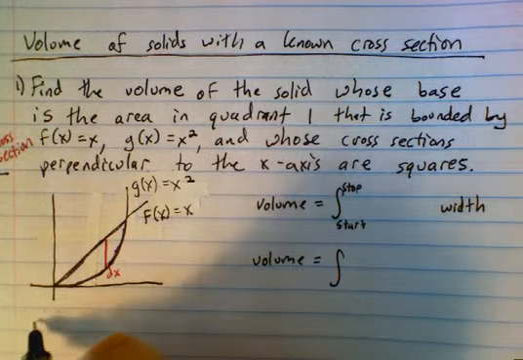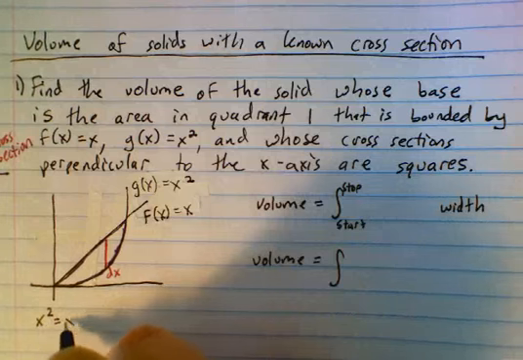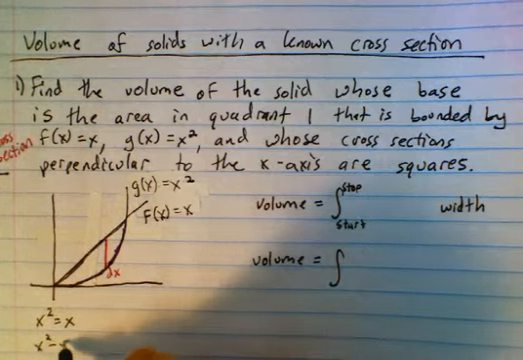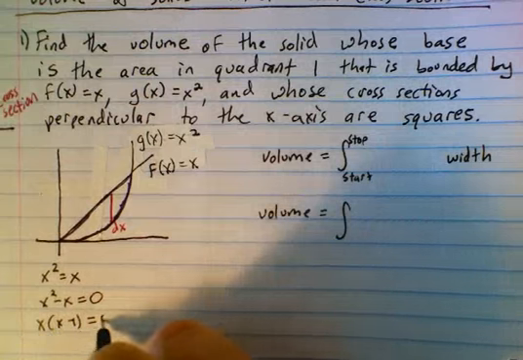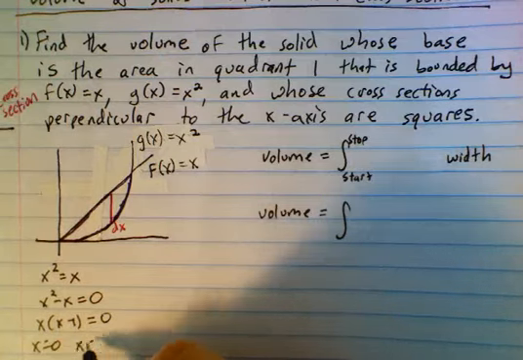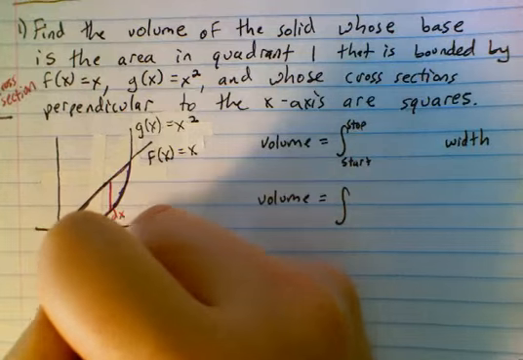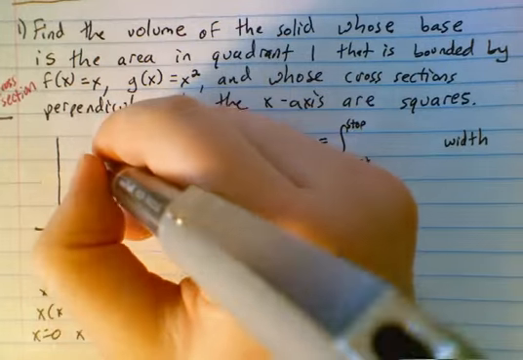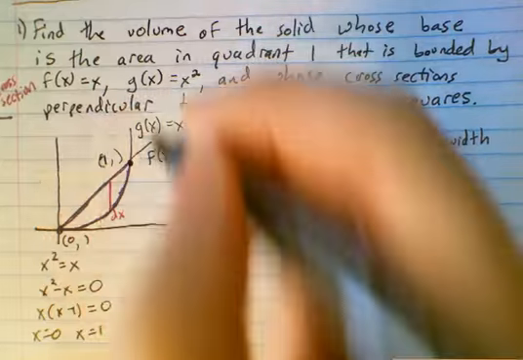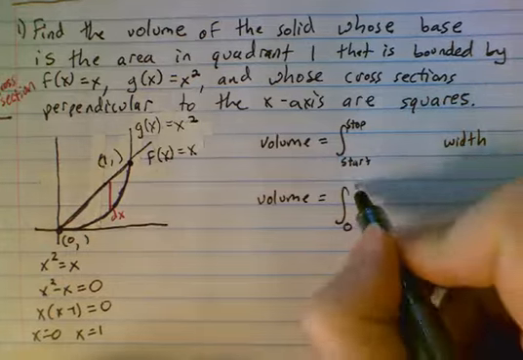So same thing, we set these equal to each other to find the intersections. Here this x-coordinate is 0. Here this x-coordinate is 1. And so we're starting where x is 0, we're ending where x is 1.